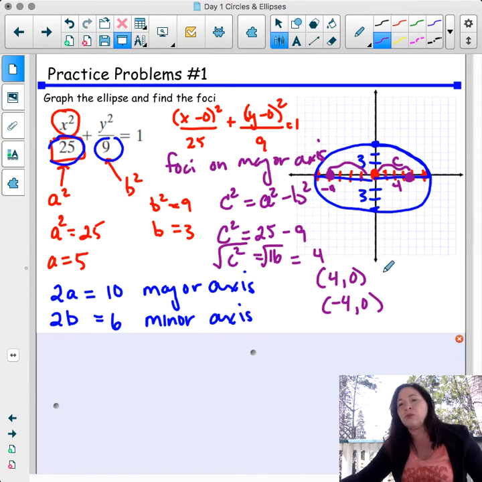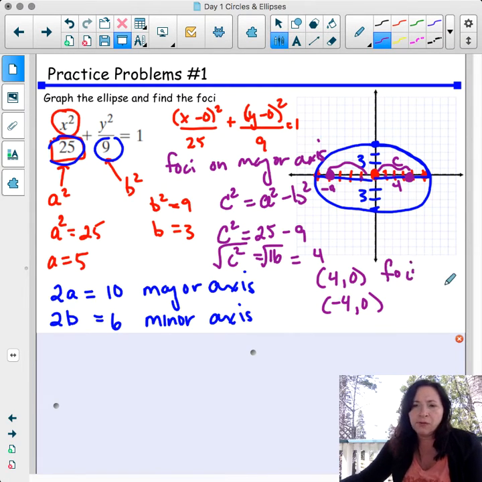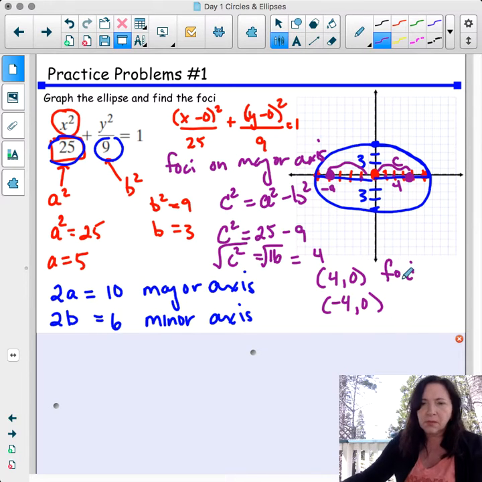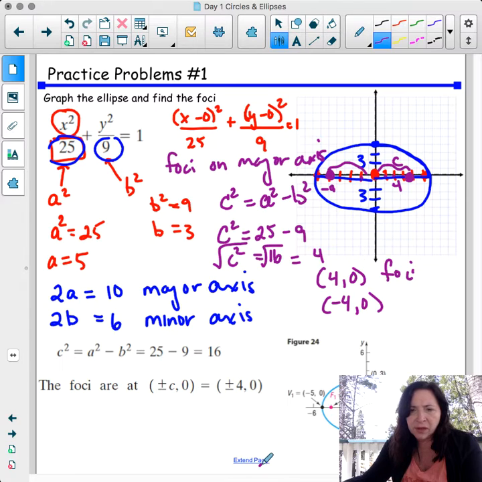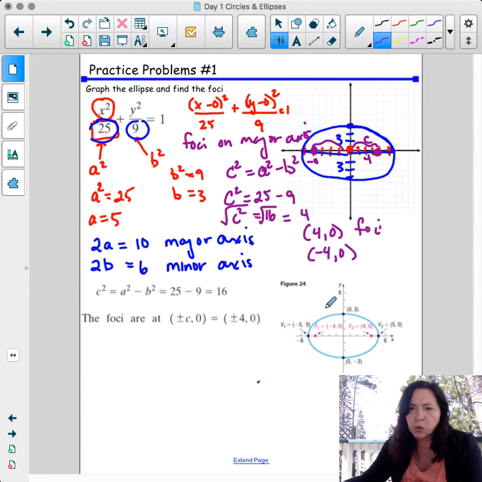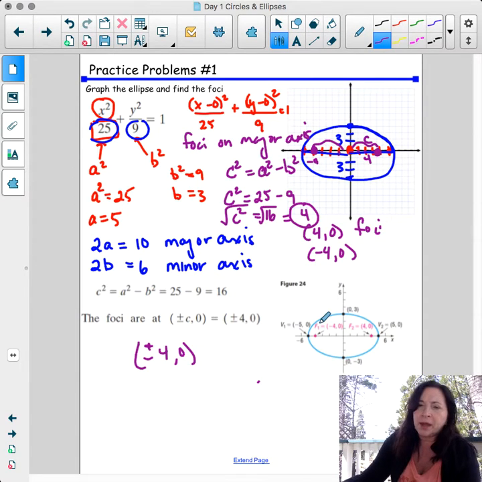And you're going to need to write down where your foci are. Let's see what this is. Oh, this is just telling you where your foci are, plus or minus your c value, which we got was 4. So they were plus or minus 4, comma, 0. So this is just another way of writing that.